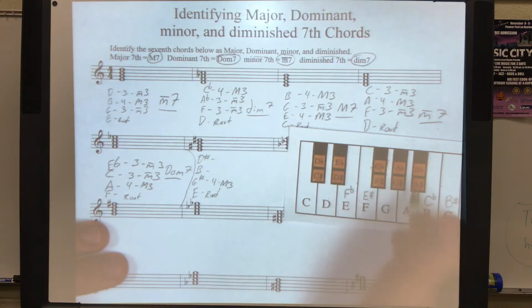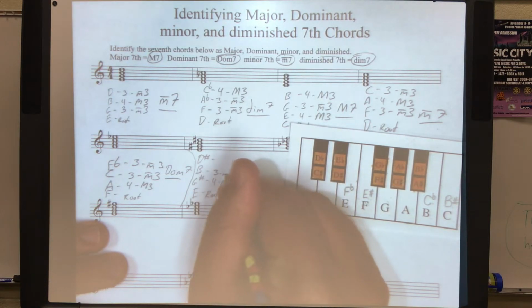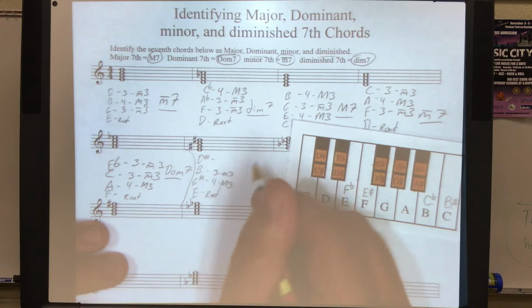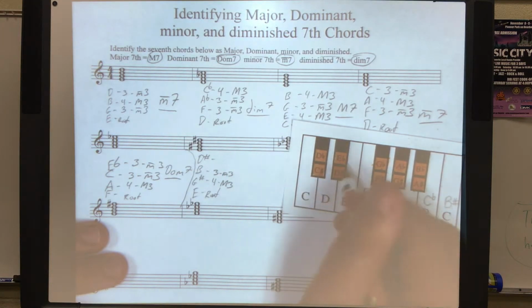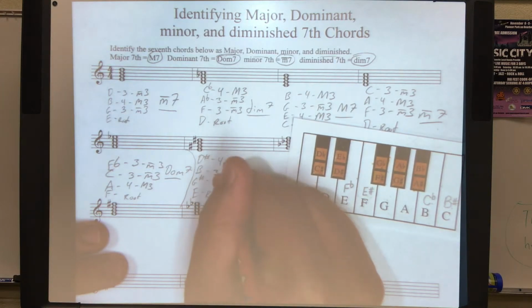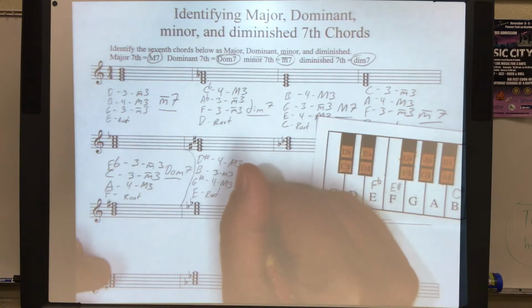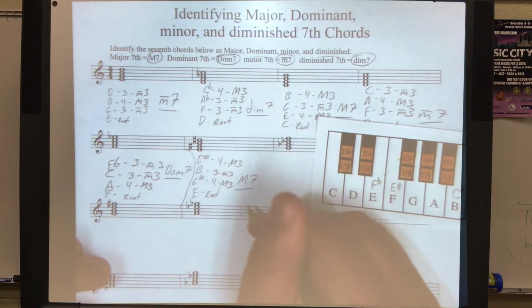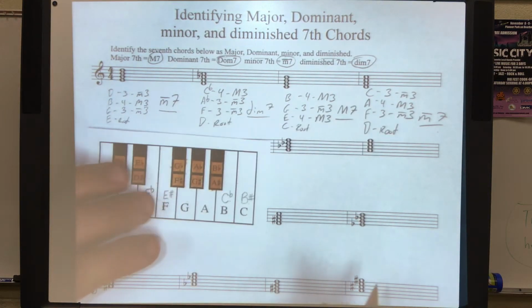G sharp to B, 1, 2, 3, minor third. B to D sharp is 1, 2, 3, 4 half steps, making a major third. So when we have root, major third, minor third, major third, we end up with a major 7. Make sure you write that. Let's go to the next one.